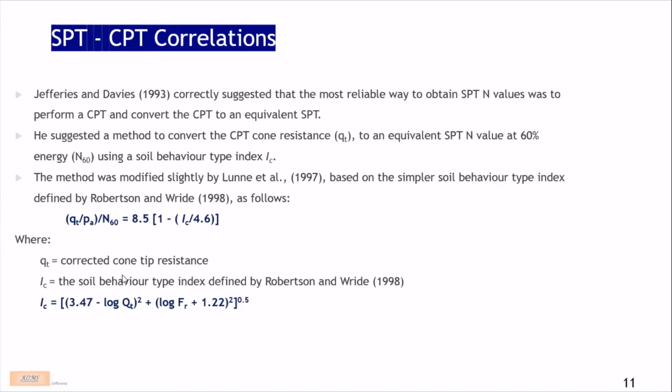And this equation was modified by Robertson and Wright 1998. He gave this relationship relating Ic with the cone resistance from the CPT, and the relationship for Ic is gotten from this relationship here.